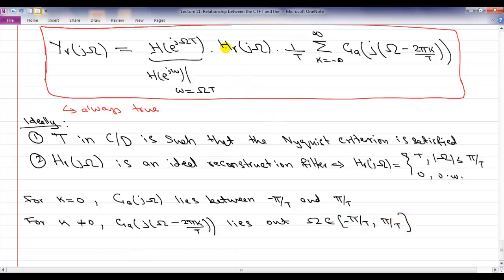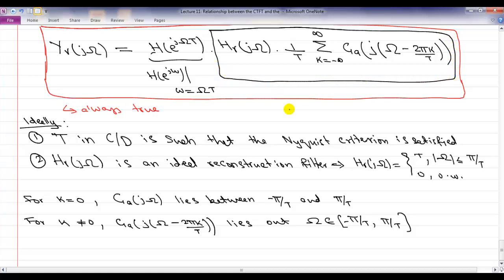So if I just focus on this inner block of this equation, what does that say? That all I am left with is the main copy, which is at 0, multiplied by H_R of j omega, because everything else gets zeroed out. It's the same argument that I made when we did the reconstruction filter explanation or sinc interpolation.